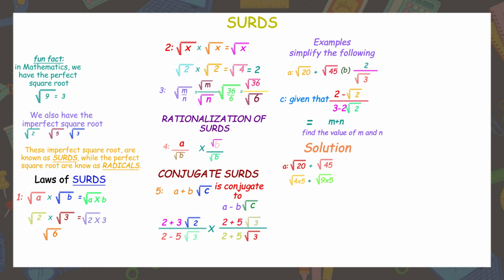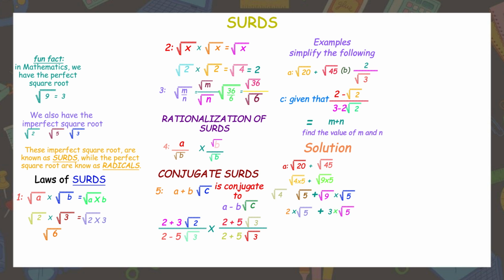So we are going to have it as the square root of 4 multiplied by the square root of 5, plus the square root of 9 multiplied by the square root of 5. The square root of 4 is a perfect square, it's 2. 2 multiplied by root 5, plus the square root of 9 is 3, multiplied by root 5.